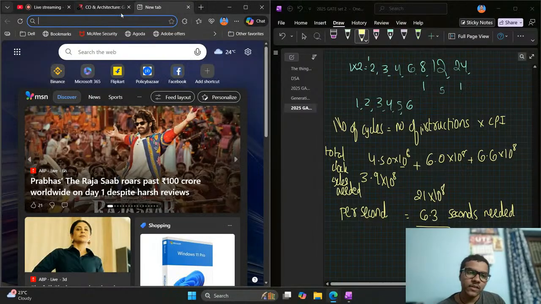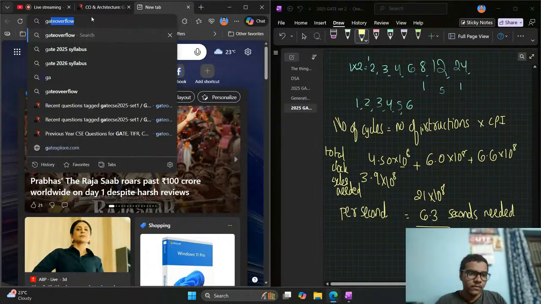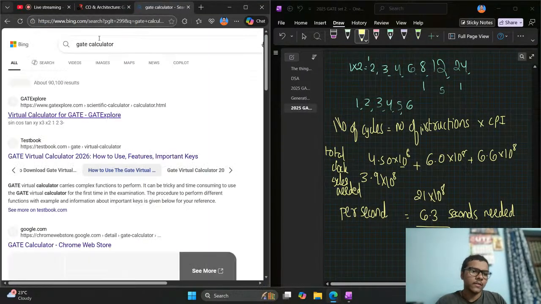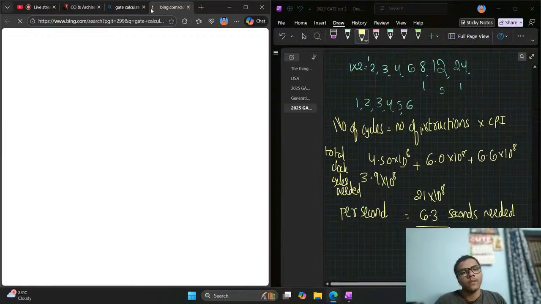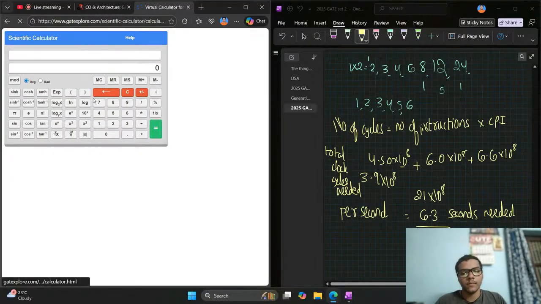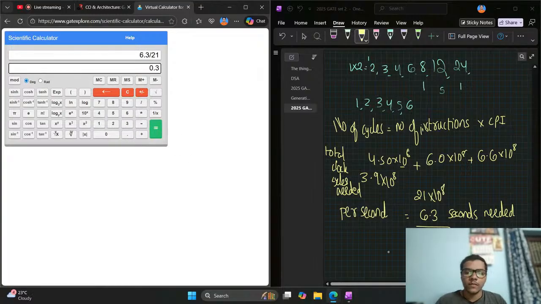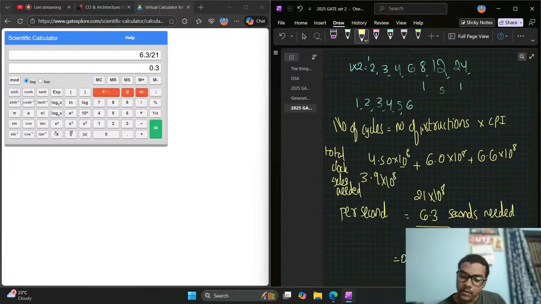6.3 by 21 into 10 power 8. Get the calculator. 6.3 by 21. Yeah. 0.3 into 10 power minus 8 is clock speed.